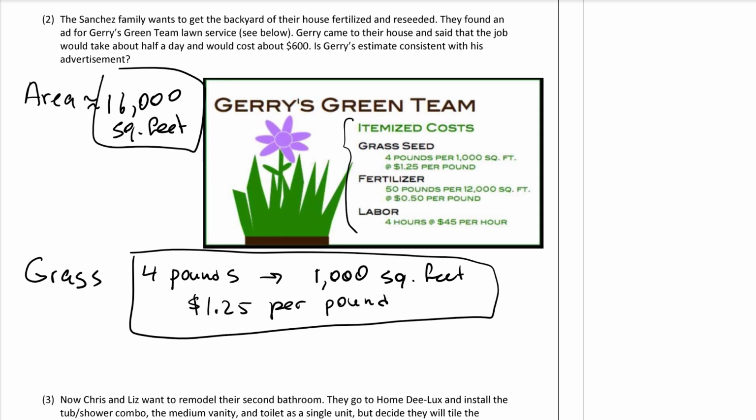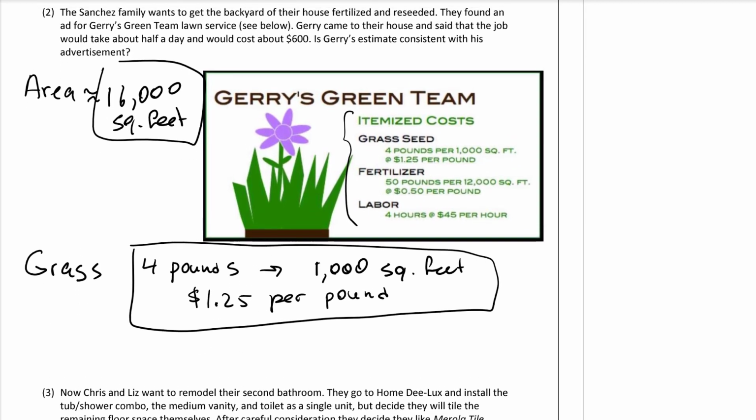Alrighty, so now let's review. You could have gotten it in different ways. I'm going to use a logical way first, and then we can also use unit analysis as a way to review what we did last lesson, okay? So using logic, it says $1.25 per pound, and here it says 4 pounds, correct?